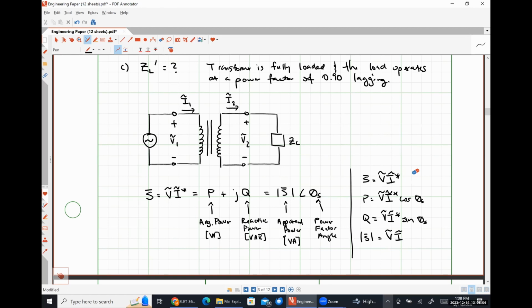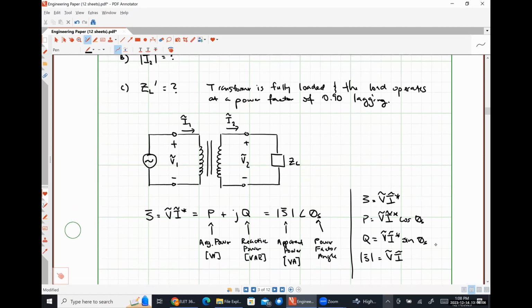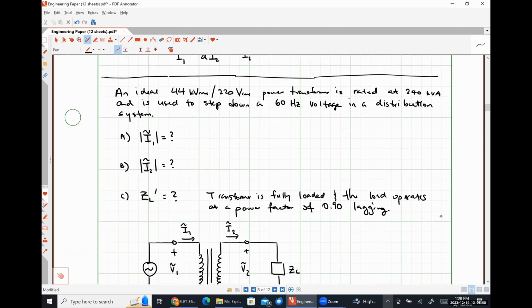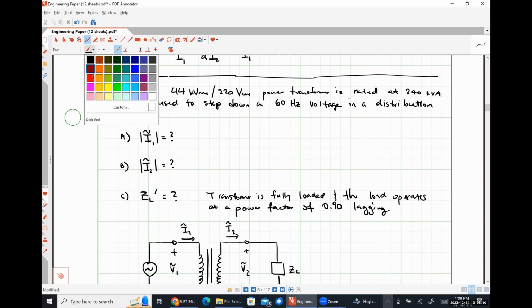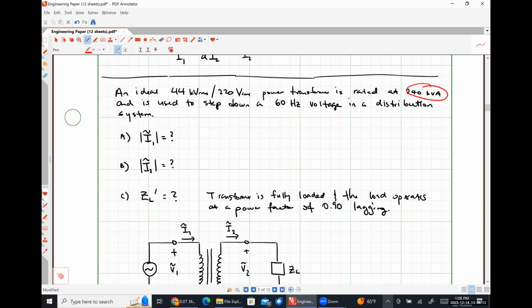So circling back around, we know that our apparent power is 240 kilovolt amperes. So we can use our apparent power in order to determine our rated currents because we were already told what our rated voltages are. Okay.